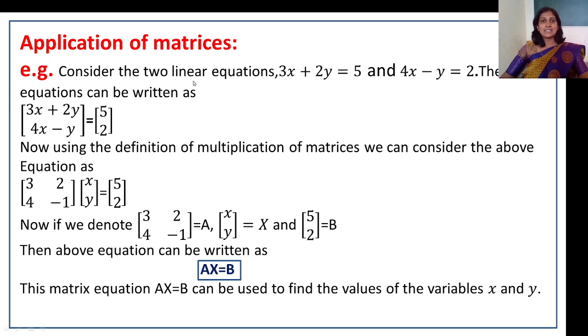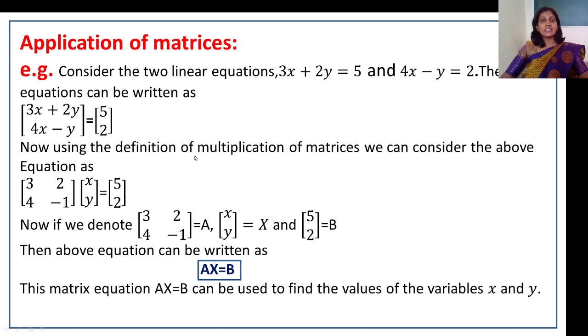Suppose, consider two linear equations 3x plus 2y is equal to 5 and 4x minus y is equal to 2. These equations can be written in a matrix as 3x plus 2y and 4x minus y, which is equal to 5 and 2, by equality of matrices.